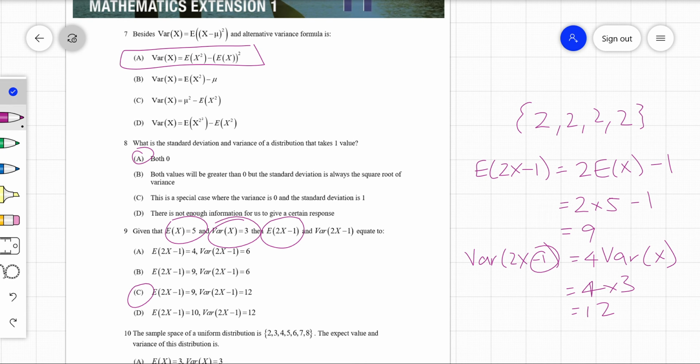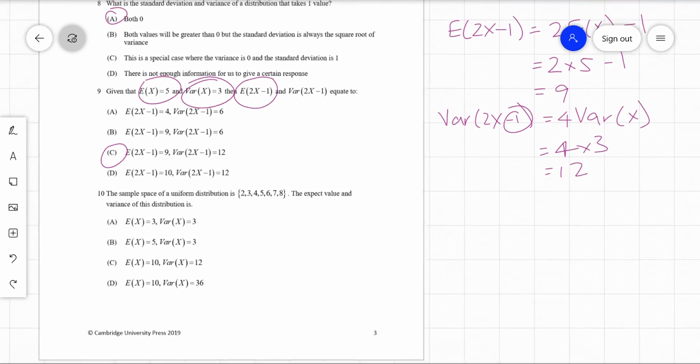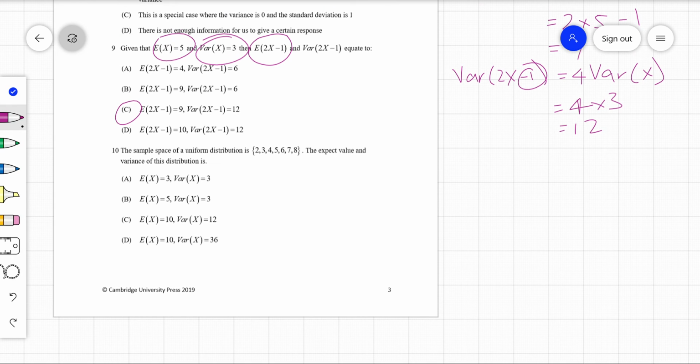All right, and if I look at the last one, number 10. The sample space of a uniform distribution is that. They're all numbers. What are the expected value and the variance of this distribution? Well, the expected value is the mean, or the median.